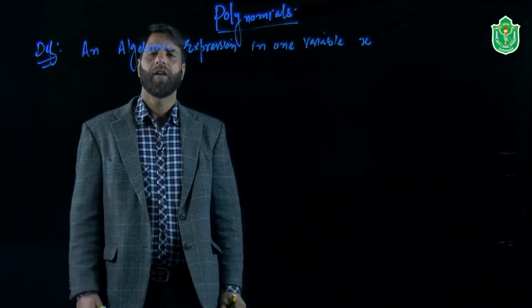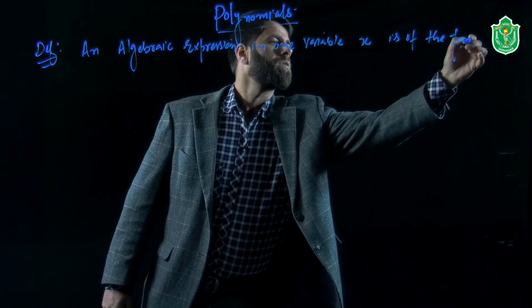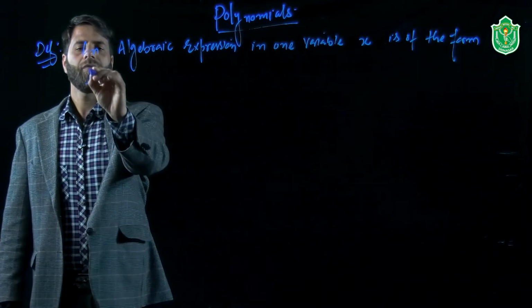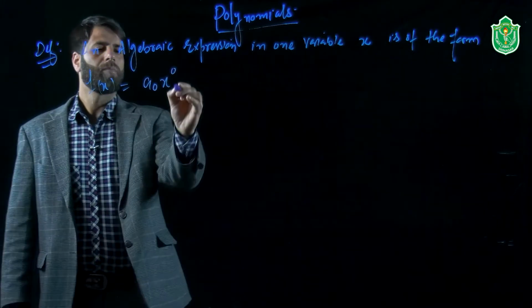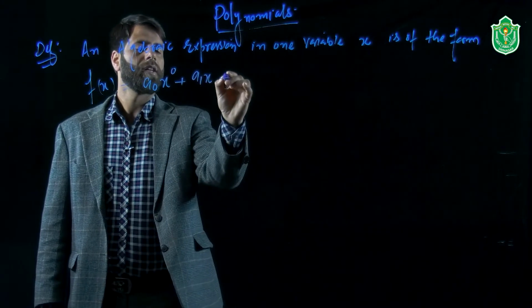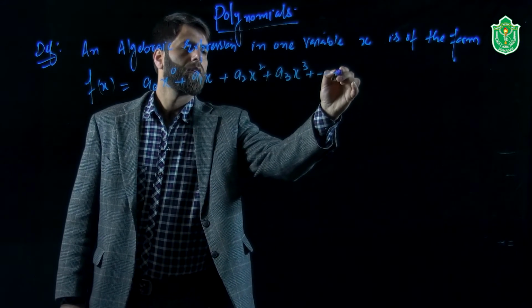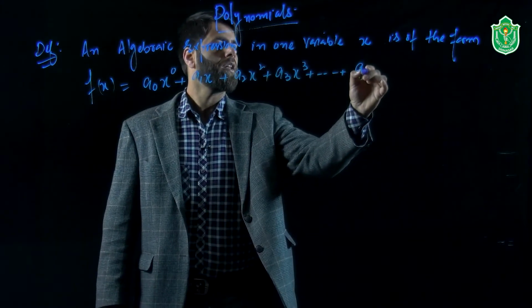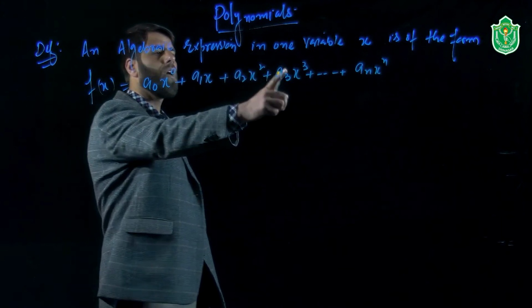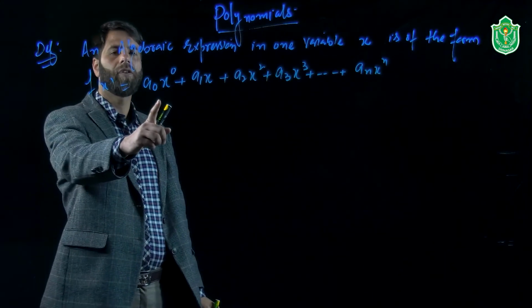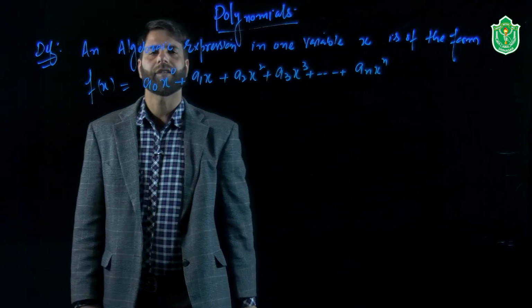Suppose we take the variable x. It is an algebraic expression in one variable x, of the form f of x is equal to a naught x raised to power 0 plus a1x plus a2x square plus a3x cube, and so on up to a(n)x raised to power n.